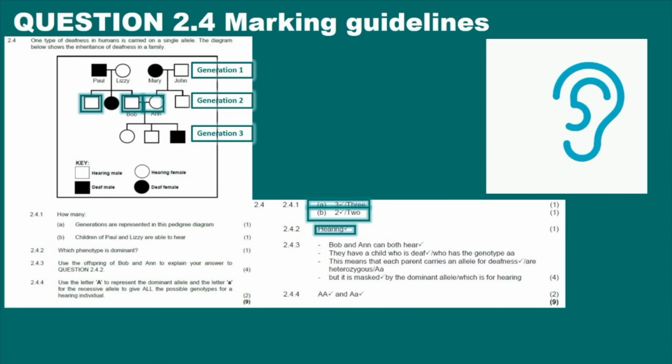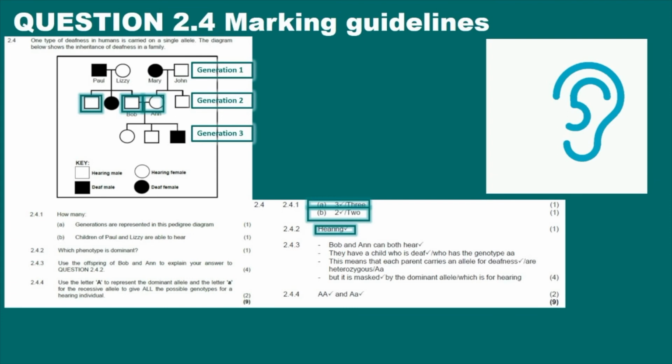So Bob and Anne are both normal hearing individuals, and they produce 2 normal offspring and 1 affected offspring. So that means that the affected offspring had to inherit a recessive allele from Bob and also a recessive allele from Anne.